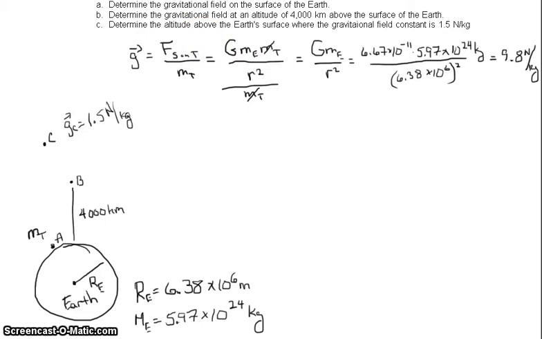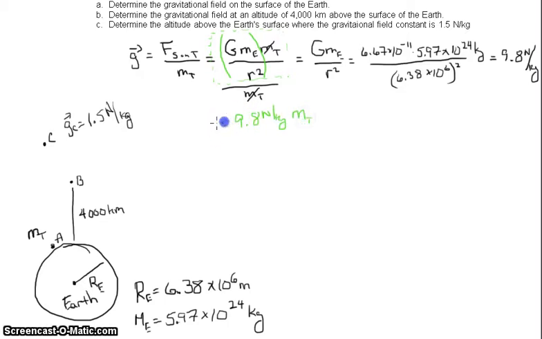Just to make a quick point, I'm going to highlight this in a different color. This value equals 9.8 newtons per kilogram. If I take this value and look at the gravitational force itself, we find we have 9.8 newtons per kilogram times the test mass.